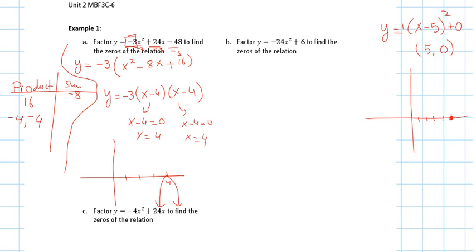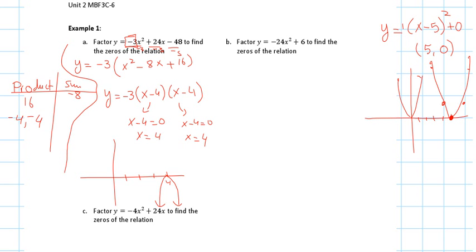That's where my vertex is. Going up 1 over 1, up 3 over 1, yeah? In this case, the only thing you have is a horizontal translation, 5 units to the right, right? So you do have this case.